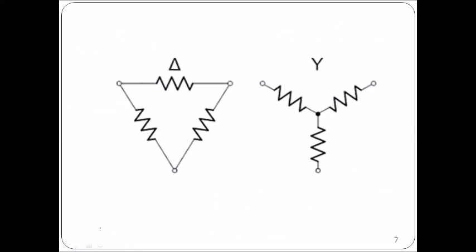Now, the meaning of star or delta is how we are connecting these six terminals. The manner, the fashion in which we connect these six terminals will give you an idea whether it is a star connection or a delta connection. Remember that only the connection of these six terminals will define whether it is a star connection or delta connection.